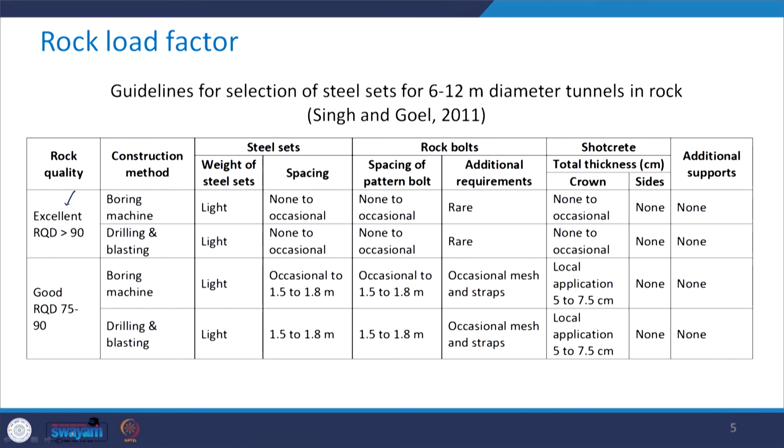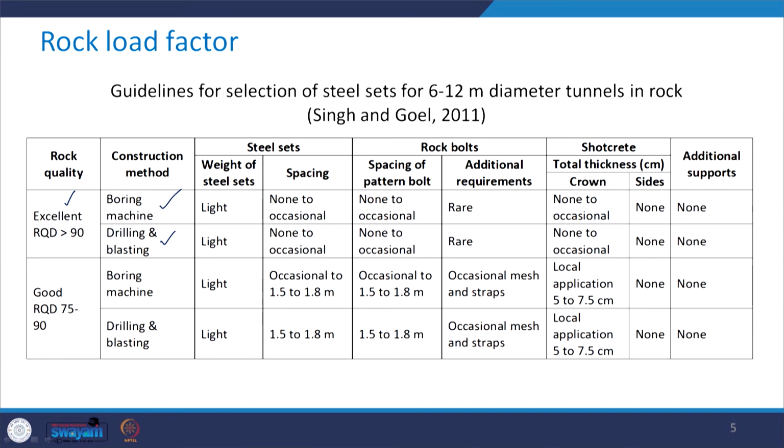In case the rock quality is excellent, that is represented by RQD being greater than 90. You can see that for each type of rock quality we have divided them into two rows. One corresponds to the boring machine and the second one corresponds to drilling and blasting.